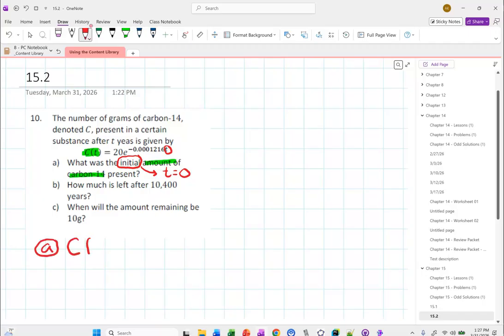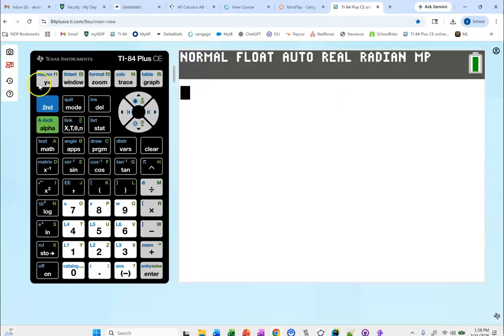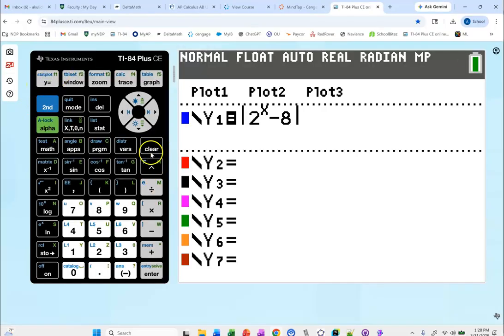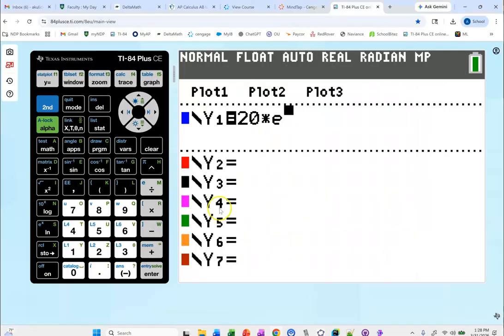So I'm just going to compute C of 0. Probably the easiest way to do that is to just do this on my calculator, because it appears that I have a bunch of other stuff to do on my calculator. I'm going to do it this way and plug it into my y equals.